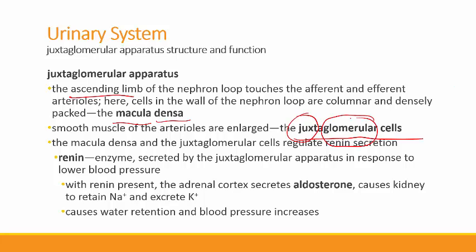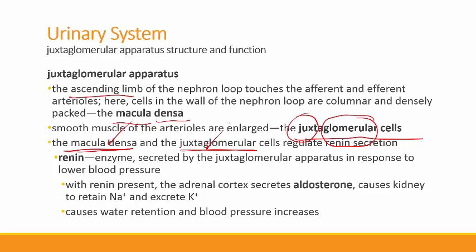So the juxtaglomerular apparatus is this collection of specialized cells from the nephron loop, so that's kidney, and from the afferent and efferent arterioles. So it's a combination of both urinary system and cardiovascular system. And they notice blood pressure.